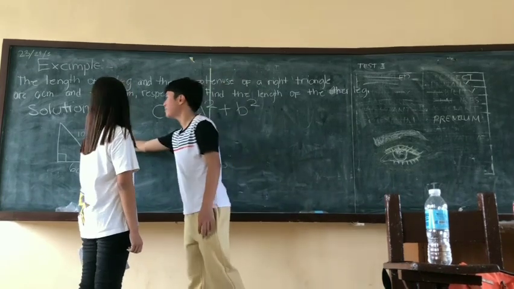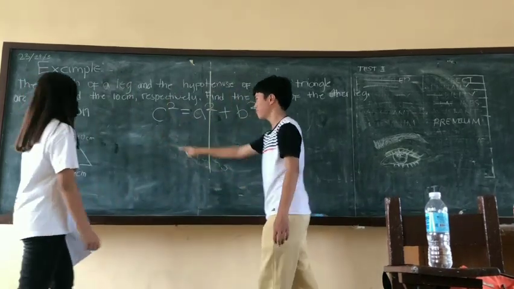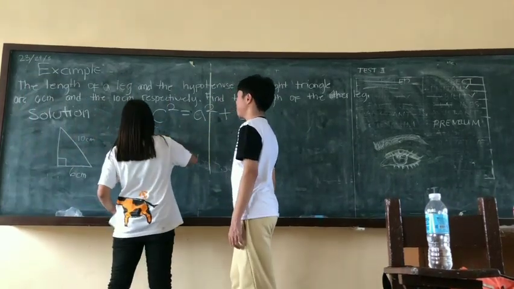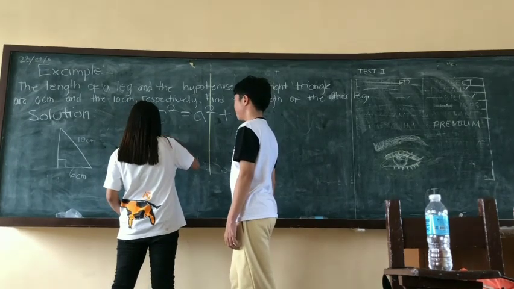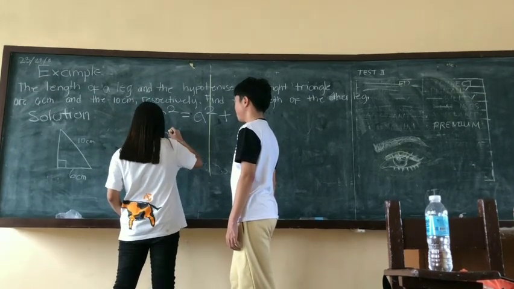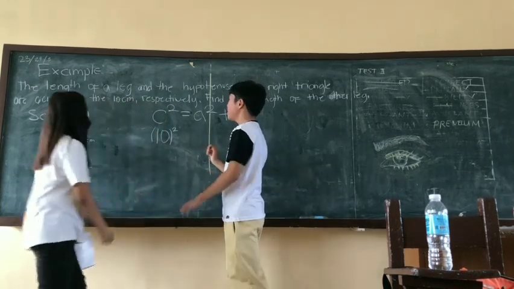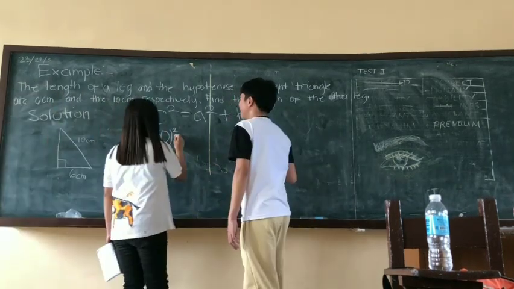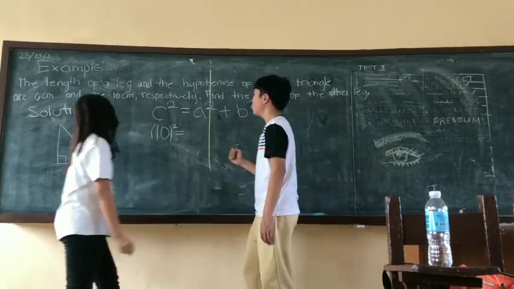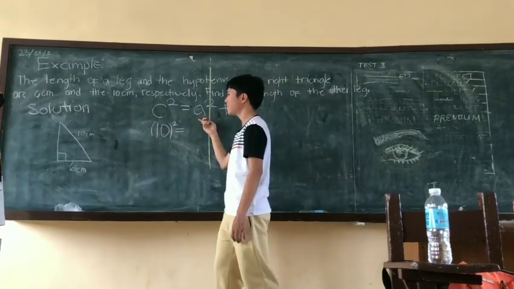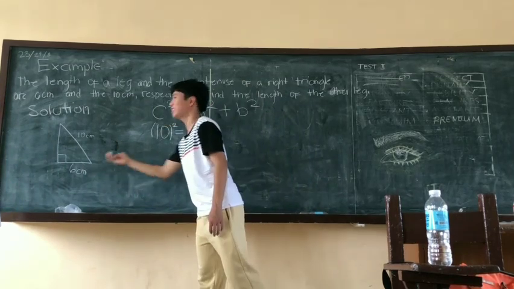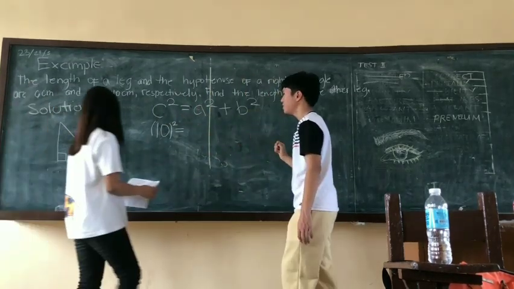Correct, c is 10 centimeters. So our adjacent is 6 centimeters, so we will write 6.